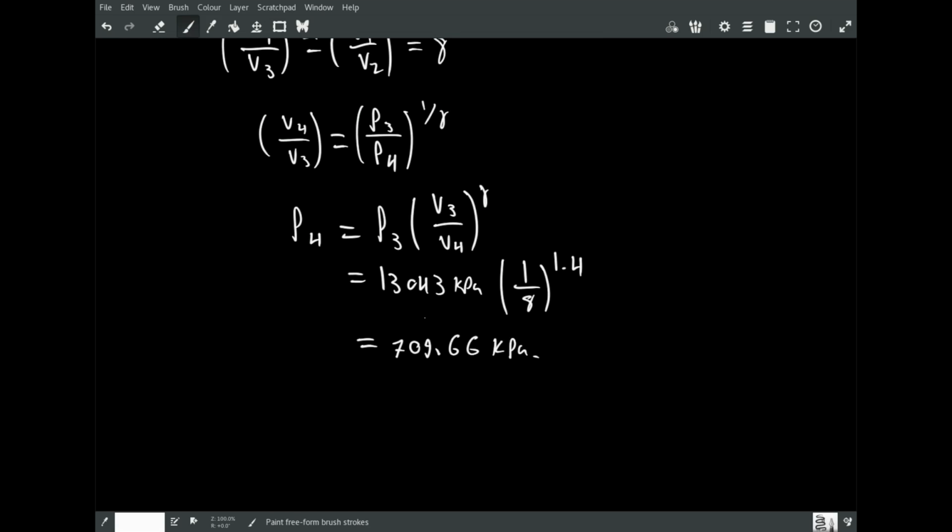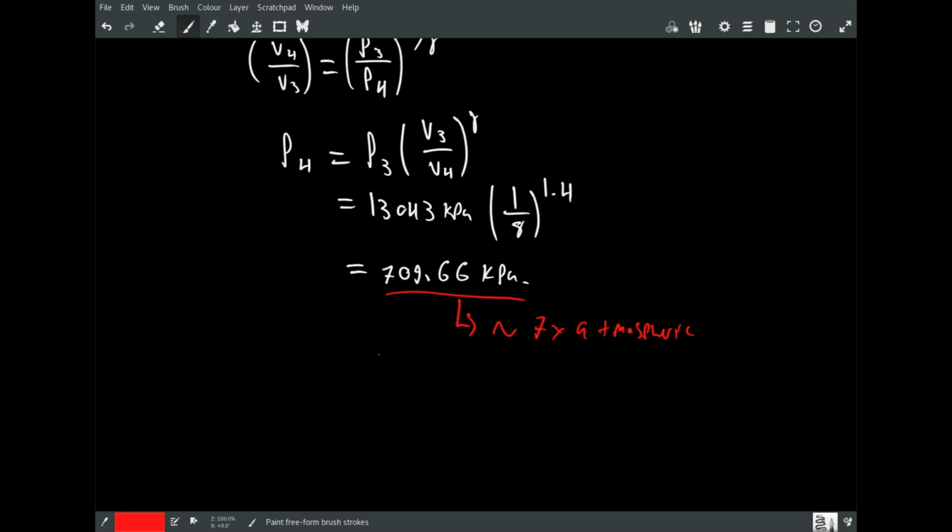Compared to atmospheric, that's approximately 7 times atmospheric. So, just a point of interest, our pressure ratio is about 0.142. I'll come back to this later as to why we might want to know that.